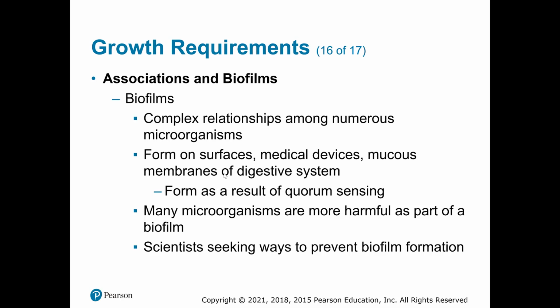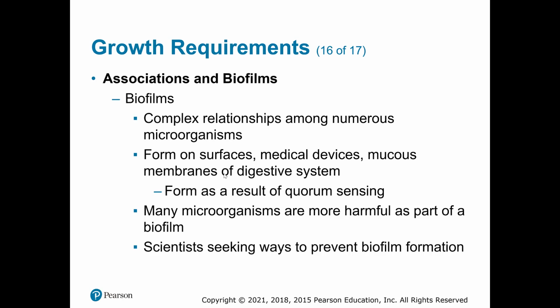Examples of biofilm in real life. So I mentioned in previous chapters, the plaque on your teeth, that is a biofilm. Soap scum in your shower, that is a biofilm. In the medical community, lots of particularly respiratory devices.